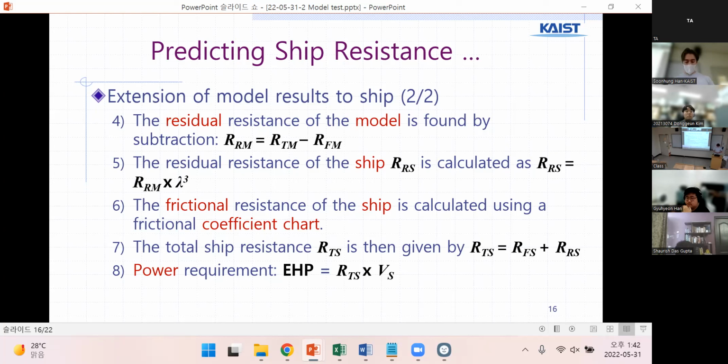And finally, with these two, we get the total ship resistance by summing them. We can also get the power requirement, which is the multiplication of the total ship resistance and the real size ship speed. Especially if you work in the naval field, you will usually use this method to get the results.